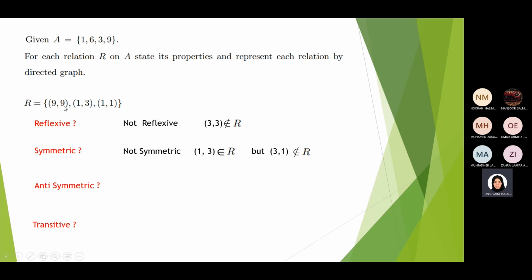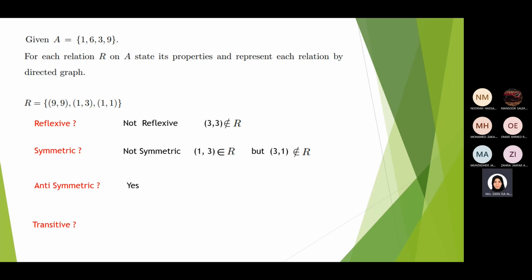So here 9, 9 and 9, 9 is there, so 9 is equal to 9. Yes, it's true for the first pair. The second pair, 1, 3, but 3, 1 is not there, so it is a false premise. No need to check the conclusion, because false implies whatever is true. 1, 1 and 1, 1 is also there, so 1 is equal to 1. So it is antisymmetric.